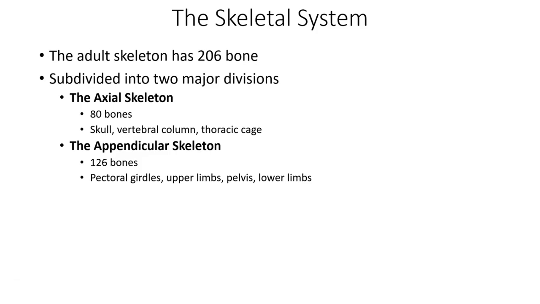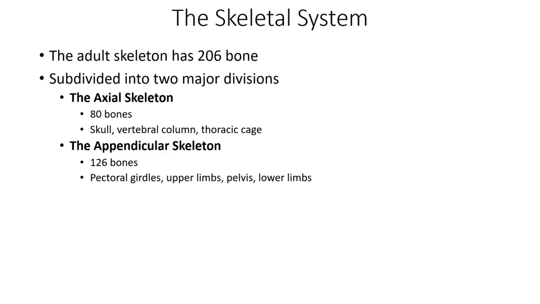The axial skeleton is made up of about 80 bones and is made of the skull, vertebral column, and thoracic cage, which we have already covered two of these. Skull is going to be on the second lab exam, and then the appendicular skeleton is made up of the remaining approximately 126 bones and involves the pectoral girdle, upper limb, pelvis, and lower limb.